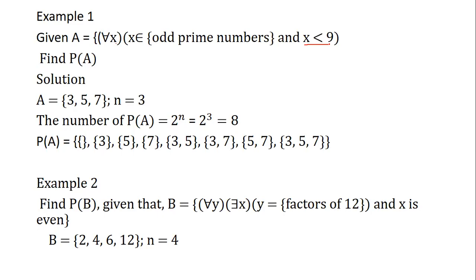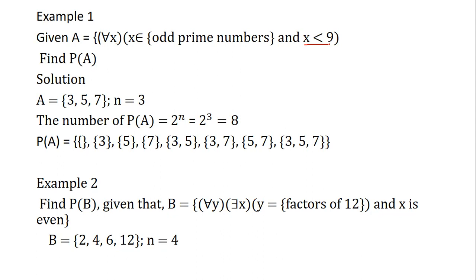As I explained it for you at our last meeting, for all x, what is x? X is just odd prime numbers. So we want the prime numbers which are less than what? 9.